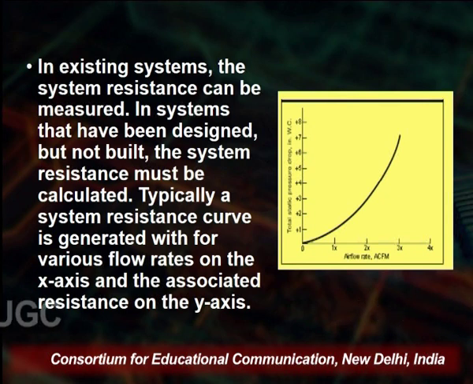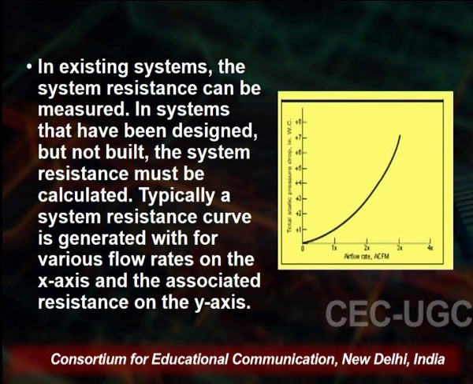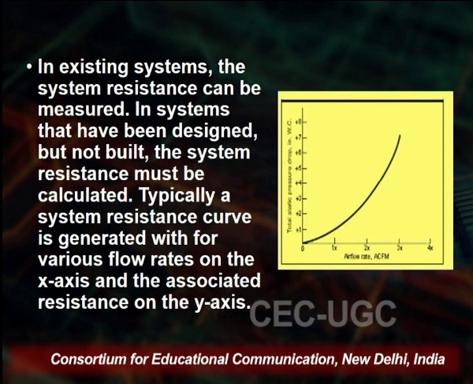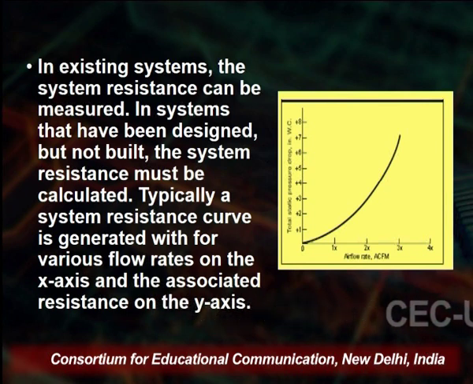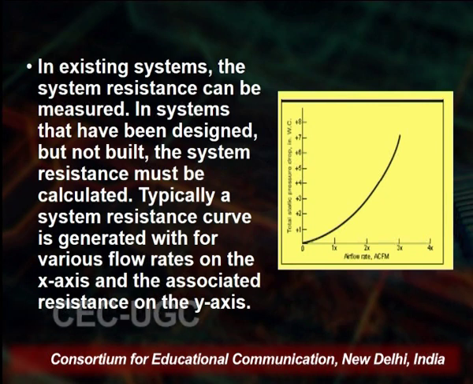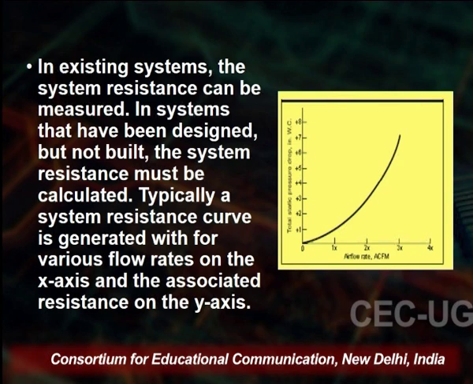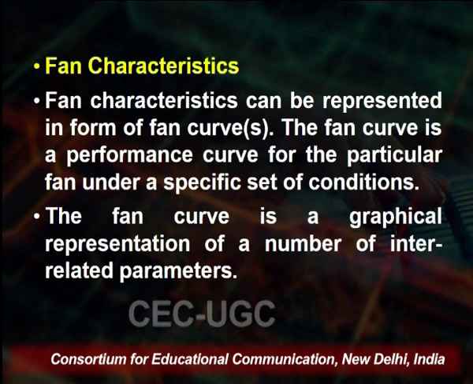For a system that has been designed but not built, the system resistance must be calculated, and this type of curve is generated. On the x axis we have the various flow rates, and on the y axis we have the associated resistance.